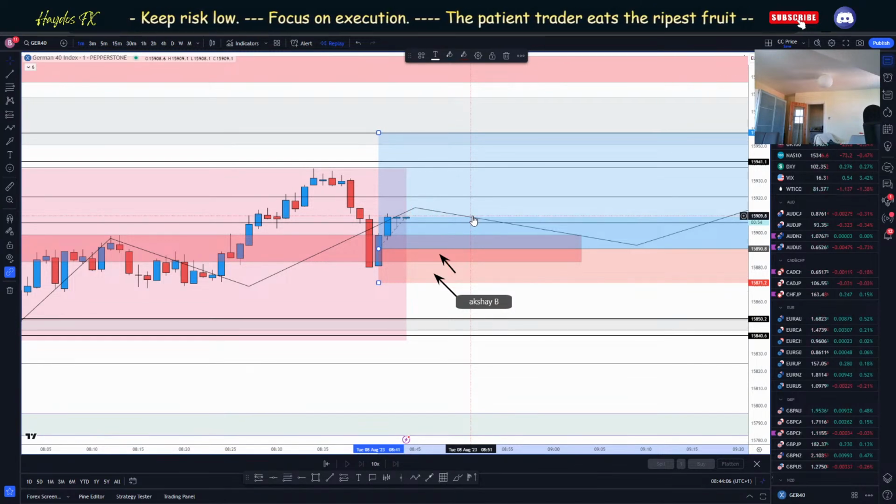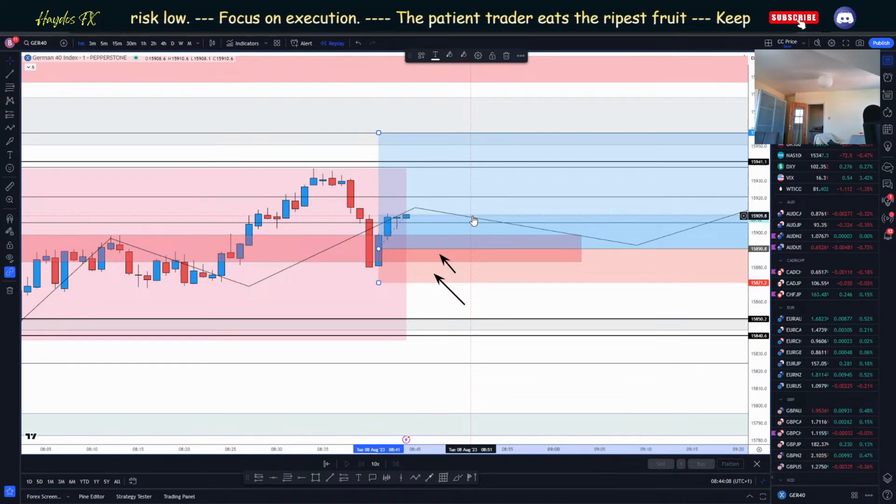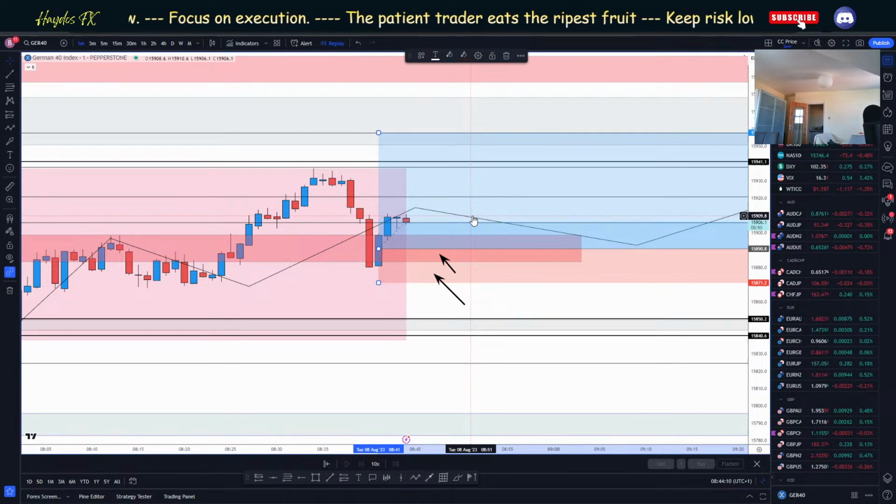Okay, 5 minute is looking good now. 50 seconds. That 5 minute has to close bullish to say we will continue pushing to the upside.